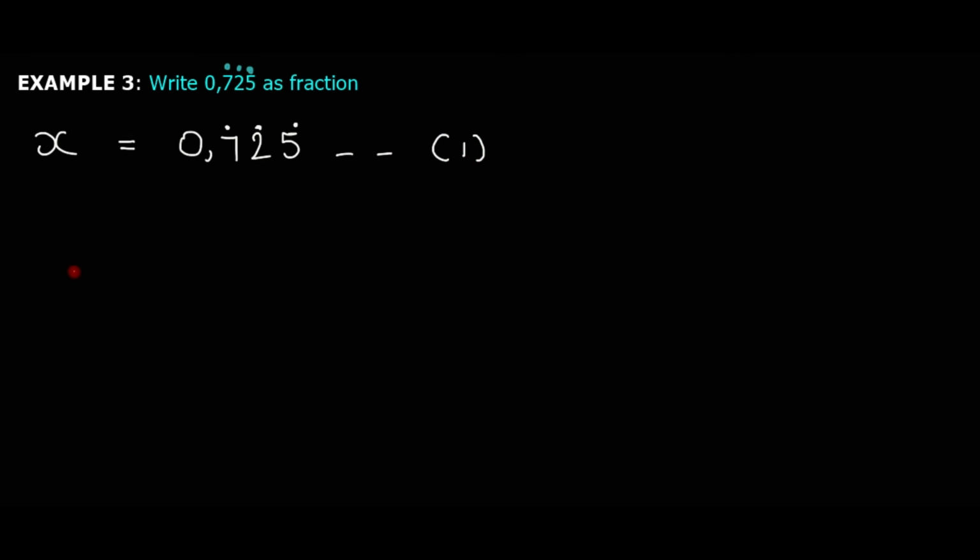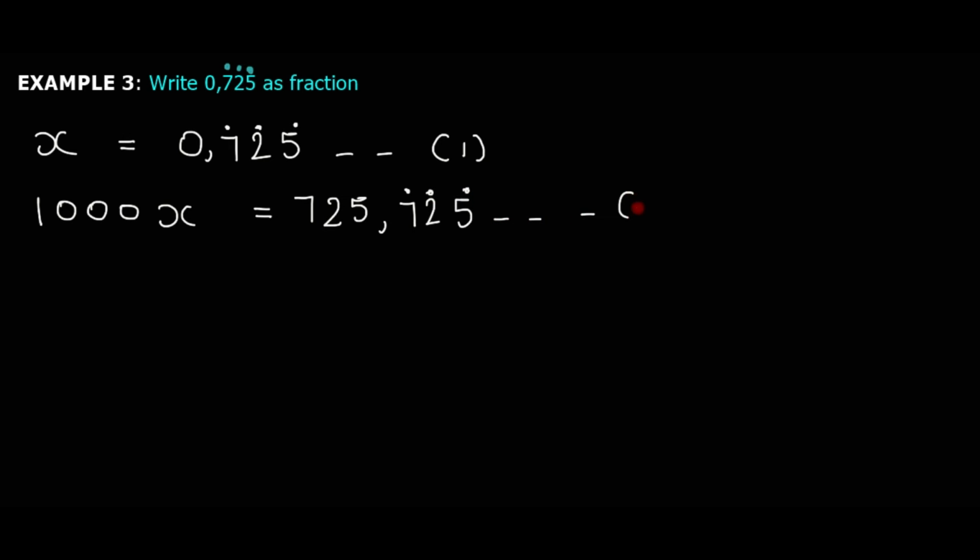Step number 2, we will multiply by 1000 because we know that after the decimal we have 3 numbers. So 1000 times x gives 1000x, and 1000 times 0.725 gives 725, and then 0.725 recurring because it is a recurring decimal.